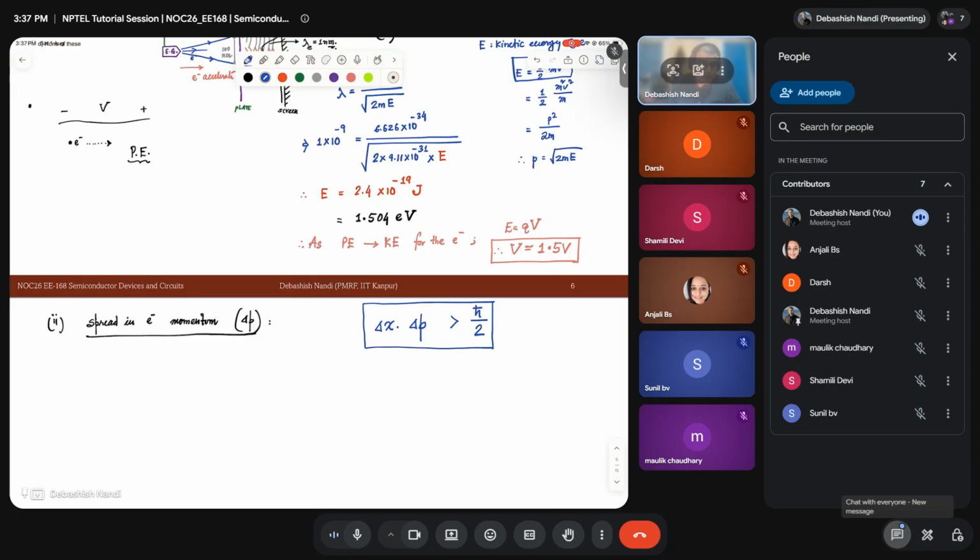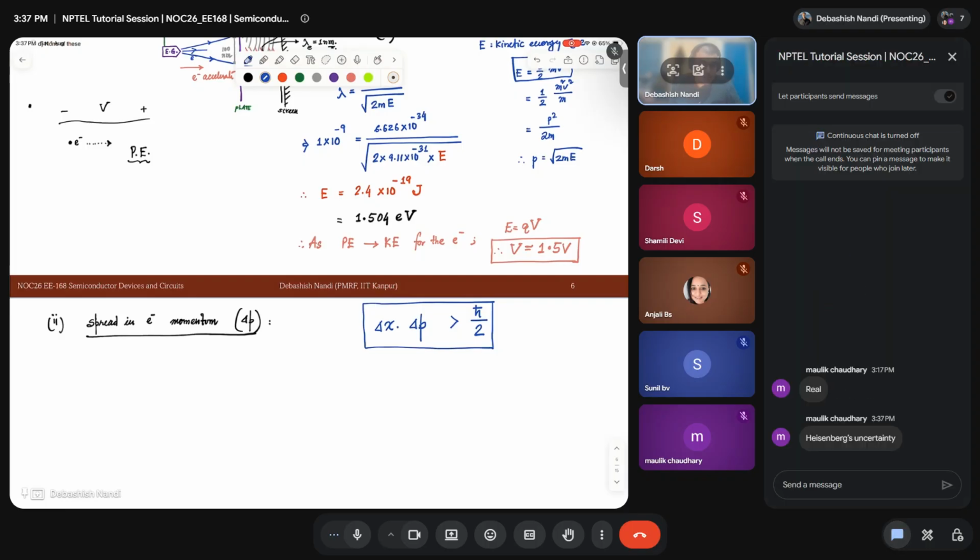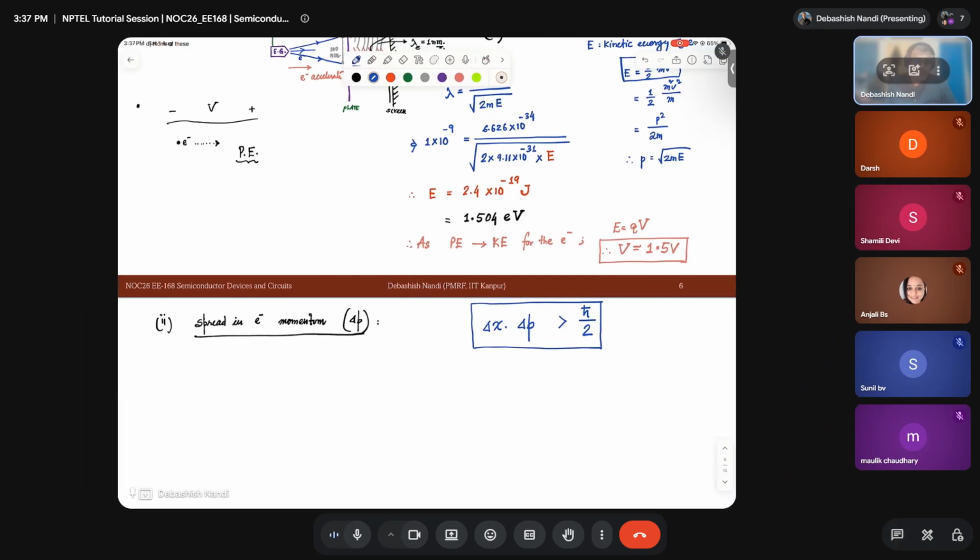I think somebody is writing the answers. Heisenberg's uncertainty. What does this mean? Is this the only form of Heisenberg's uncertainty principle?